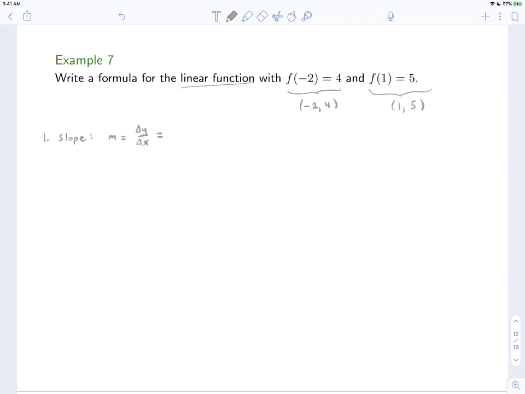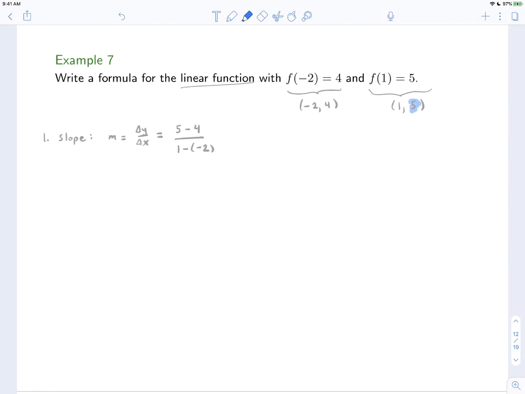So the y value is 5 minus the y value here, which is 4, divided by the x value that's written on the right, which is 1, minus the x value that's written on the left, which is -2. So 5 minus 4, and then 1 minus a negative 2.